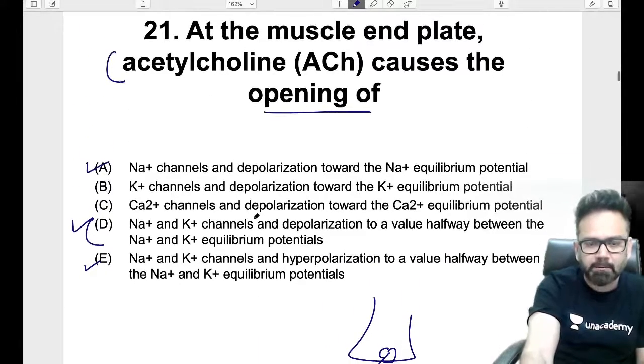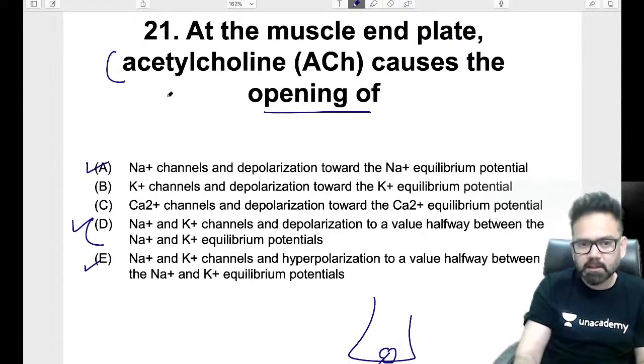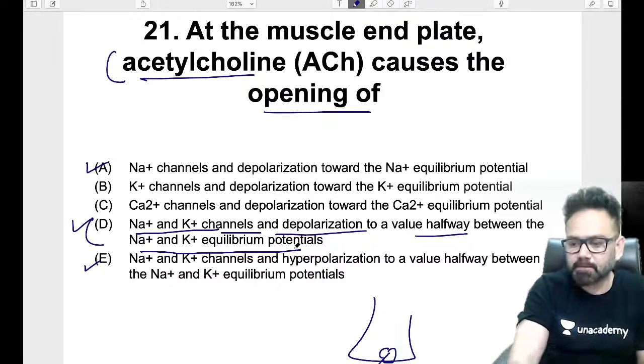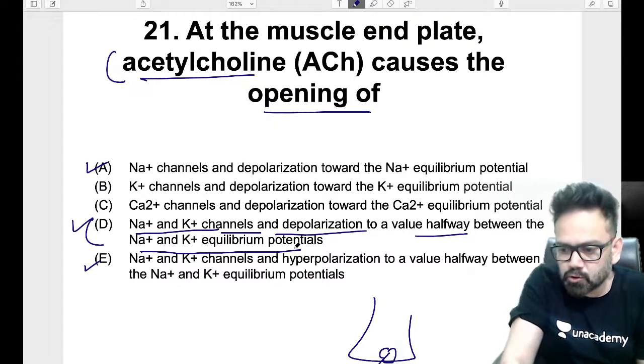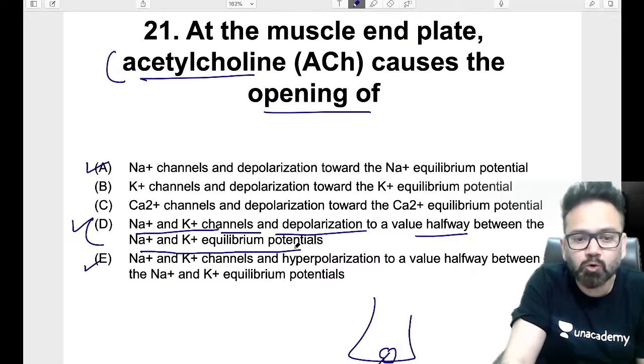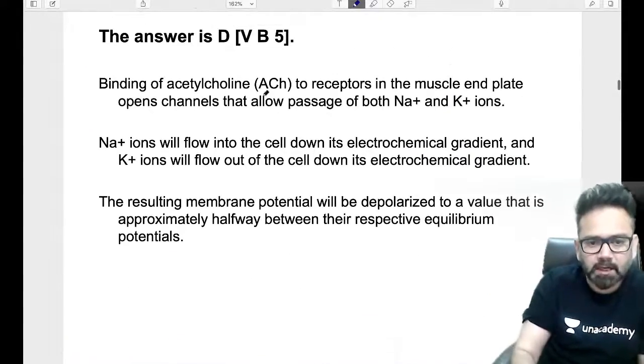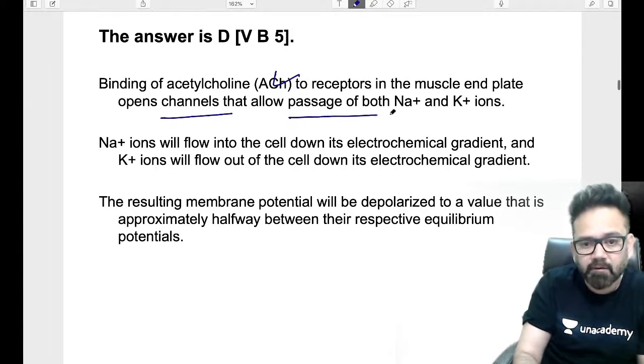So at the muscle end plate, acetylcholine, which is a ligand, causes opening of sodium and potassium channels and depolarization to a value halfway between sodium and potassium equilibrium potential. Remember that it is not only sodium which goes inside, but also potassium. Binding of acetylcholine to the receptor in the muscle end plate opens channels that allow passage of both sodium and potassium.